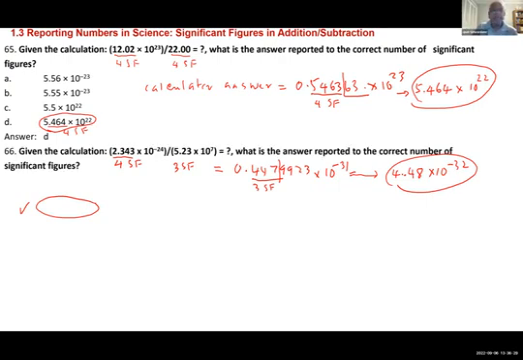In this case, it's the same thing. The second number has 3 significant digits. Therefore, the calculated answer you got dividing 2.343 by 5.23 has to be rounded off.